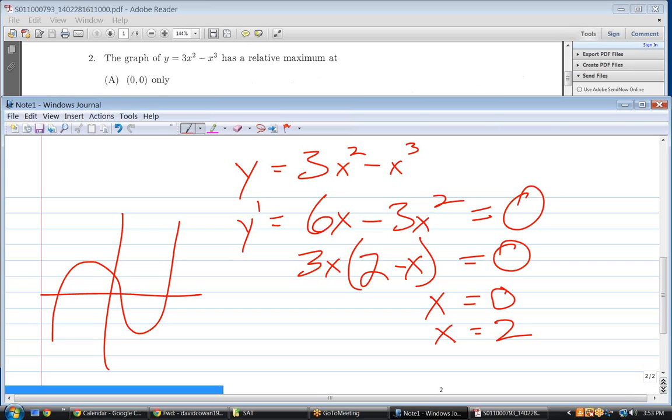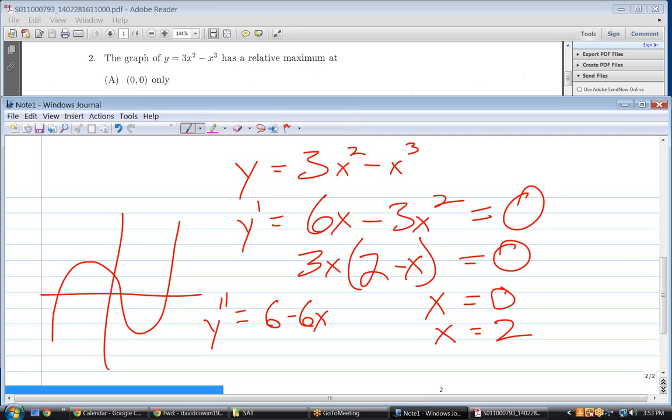There's the first derivative test and there's the second derivative test to determine whether something is a maximum or a minimum. Personally, I think the second derivative test is the easiest. What's the second derivative of y? 6 minus 6x. If the second derivative is positive, it means it's concave up, and that would be a minimum.